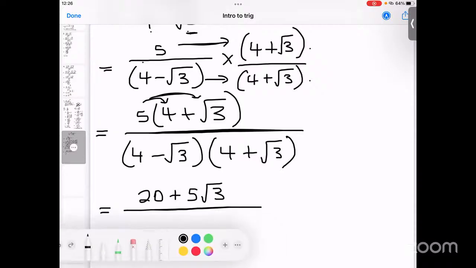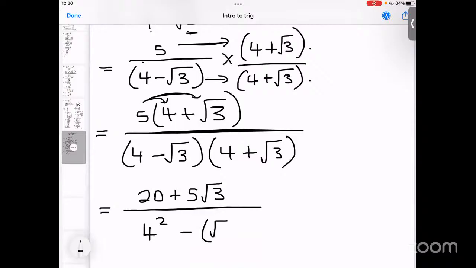I will explain that part. It's the same as you having 4 squared minus, and then you again having that. It's exactly the same thing.